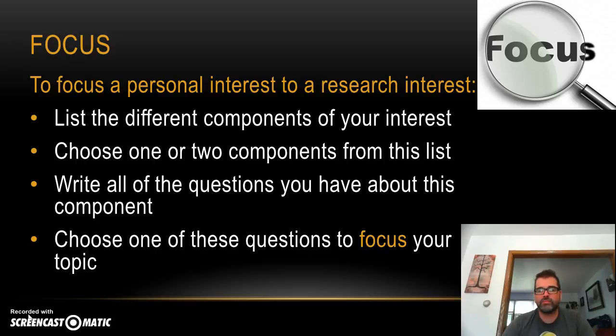What do adolescents who age out major if they do go to college? How many struggle in their first year? What if they drop out or fail out? What happens to them then? So I have all of these questions. And then what I want to do is choose one of those questions and focus my topic. So I'm going to choose how many adolescents who age out of the foster care system and attend college struggle within their first year.